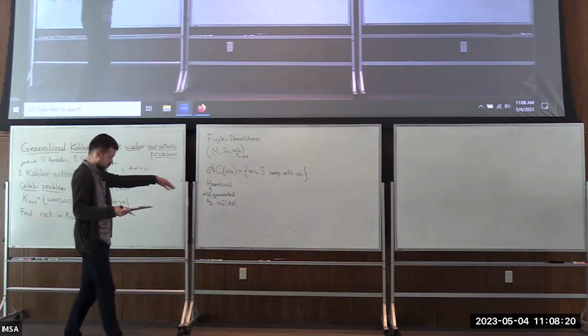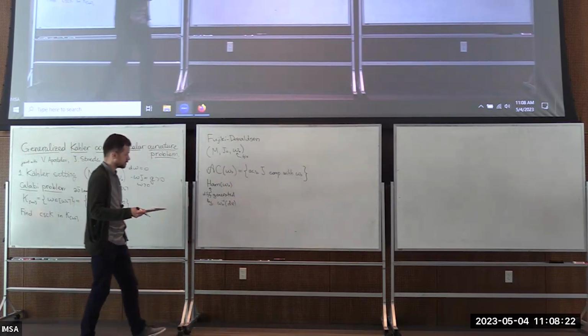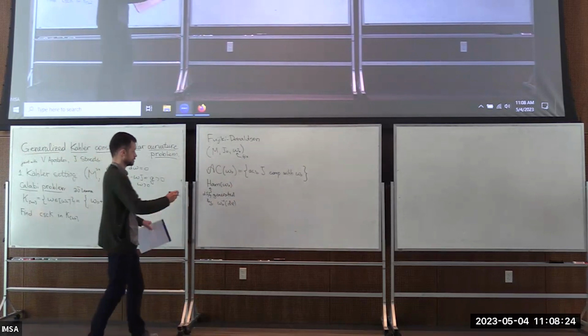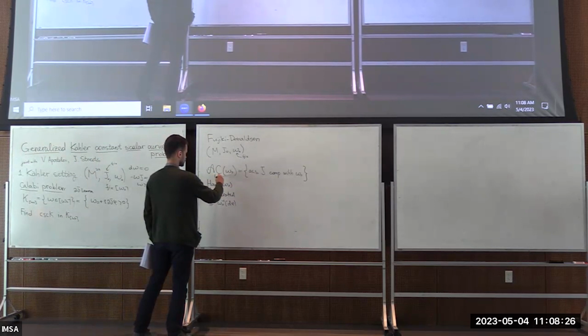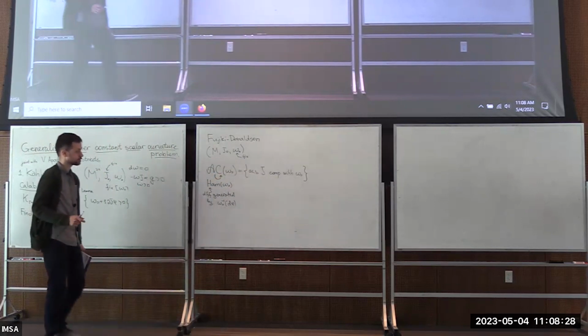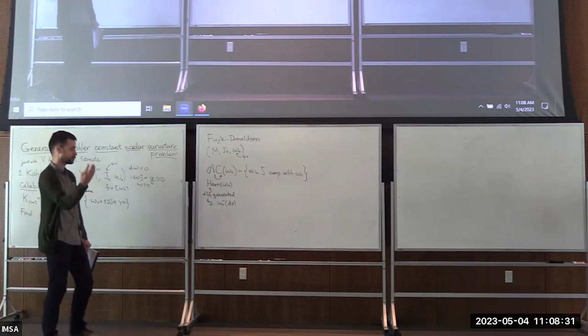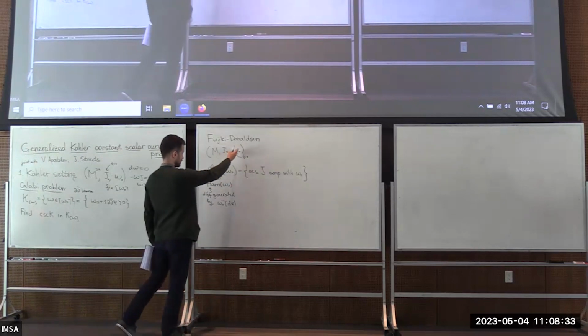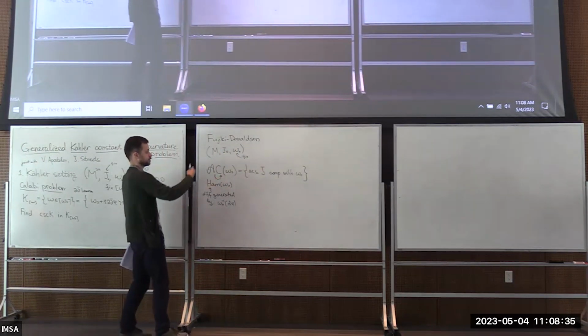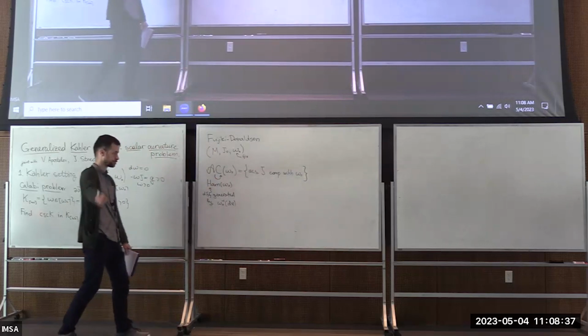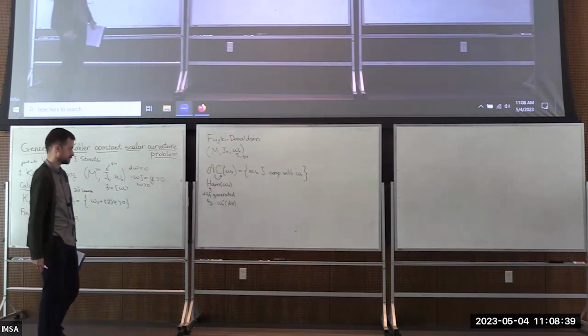So diffeomorphisms generated by these infinitesimal variations, and this group acts on this space. If I act by a Hamiltonian diffeomorphism, my omega naught is fixed, since Hamiltonian diffeomorphisms preserve the symplectic form, and J will change. So nothing interesting happens yet.